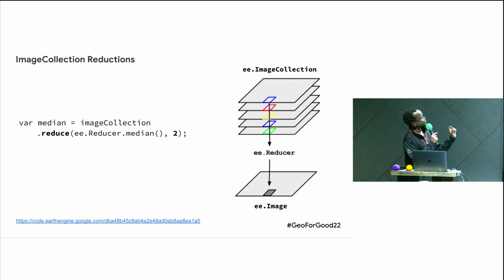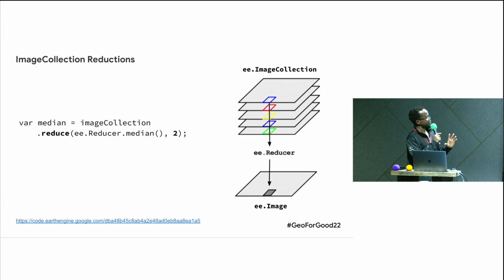And so on the right, we have a collection of images, and we're collapsing all those images into a single image. If we have, let's say, band B1 in each of those images, then at every single pixel of that band, we'll take the median, and that will give us the resulting value for that band in the single image of the result.